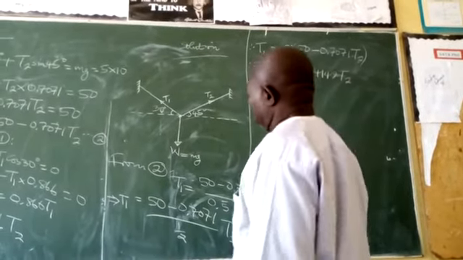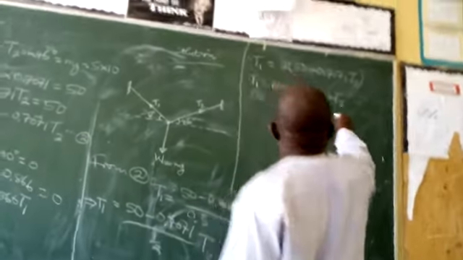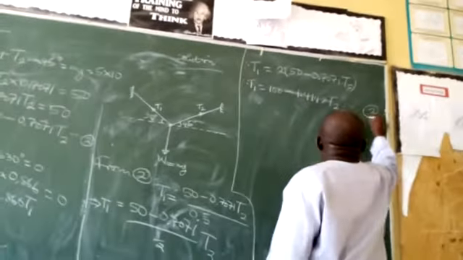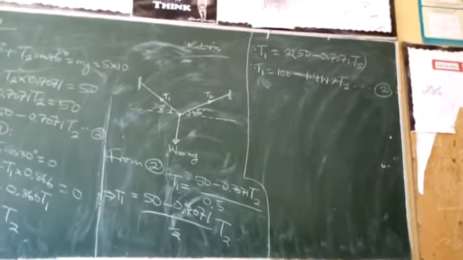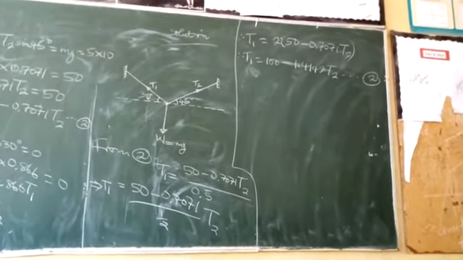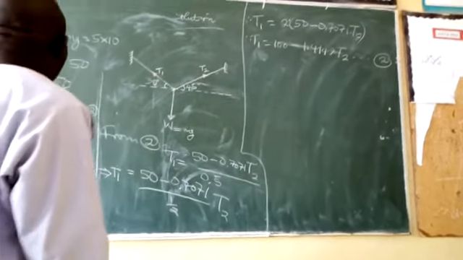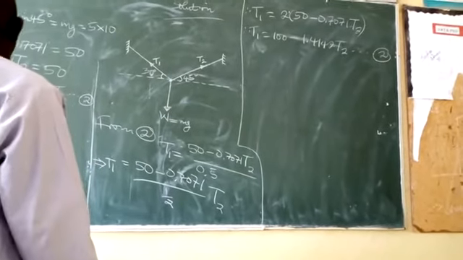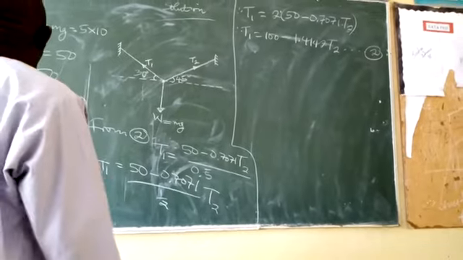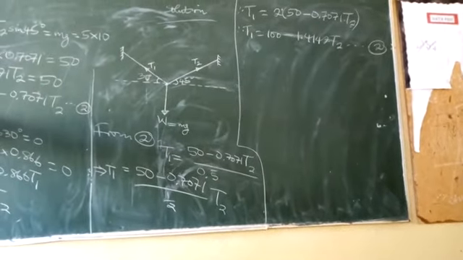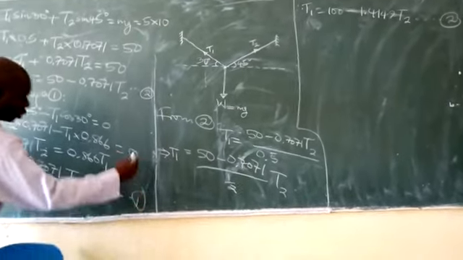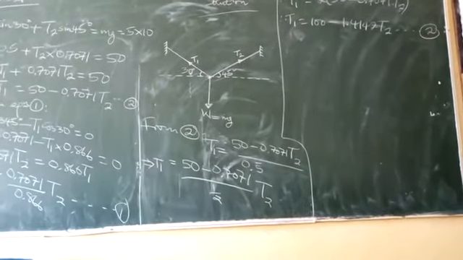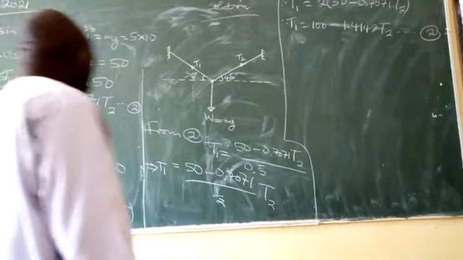So this is still my equation 2. Where is my equation 1? Okay, this is from equation 1. So equating 1 and 2, T1 is equal to this, T1 is equal to this.